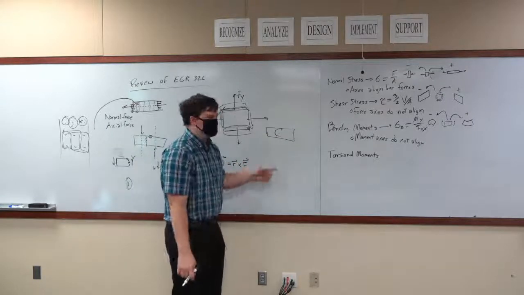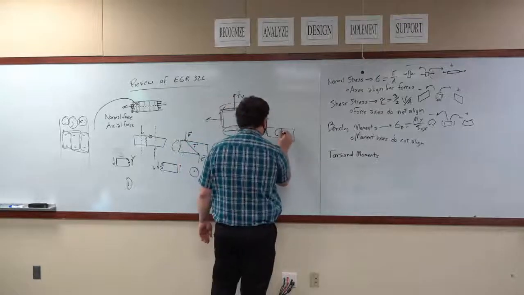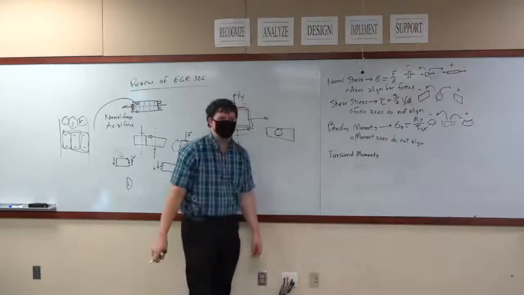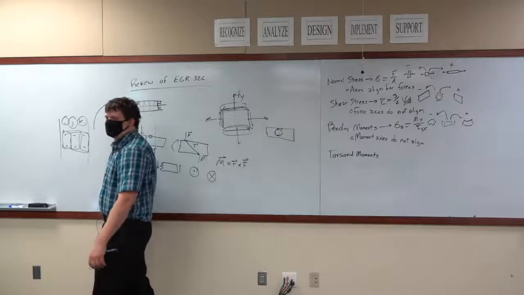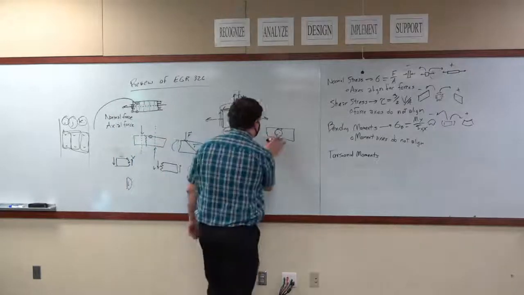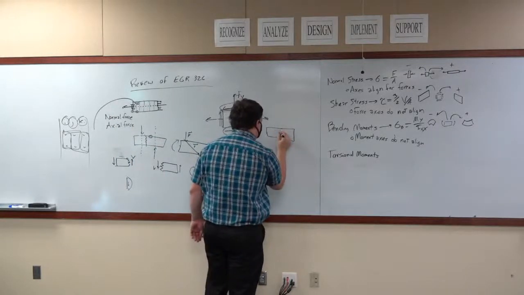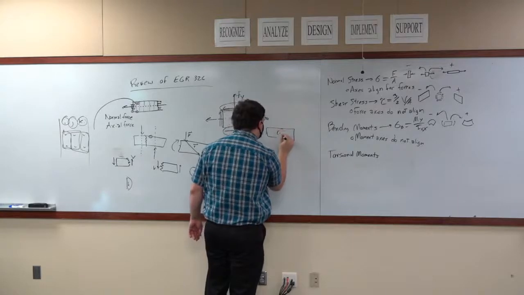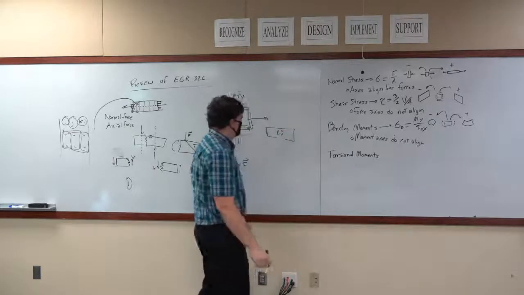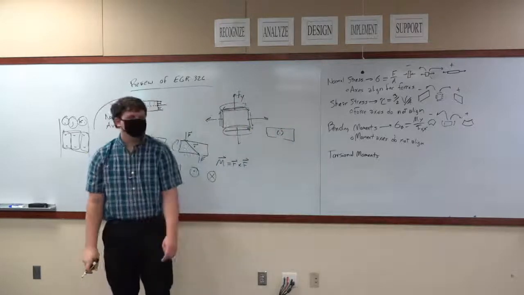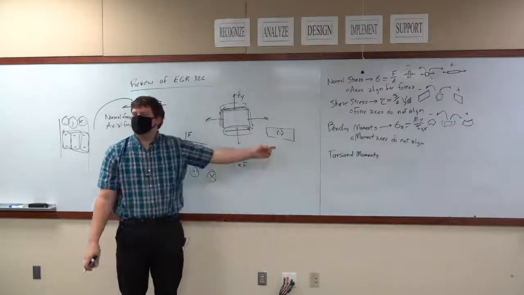If I draw them in this view, you end up with something that looks like this. They're both on top of each other. We can shorten the arrows. This doesn't tell you anything.